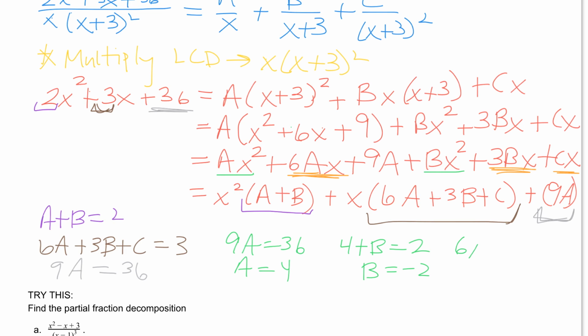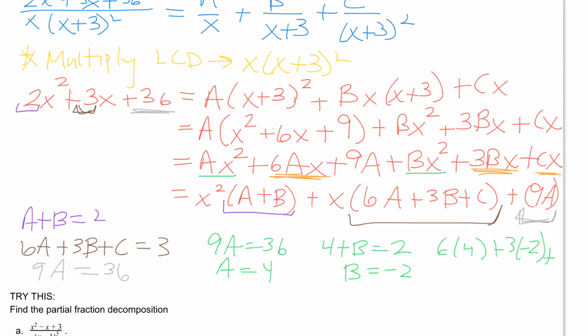So I know 6a, oops, we're substituting in 4. Here, let's erase that. So 6 times 4, then plus 3 times negative 2, plus c. Move this over a little bit.